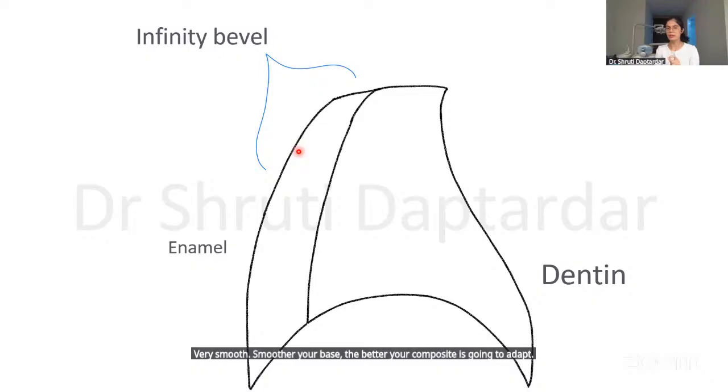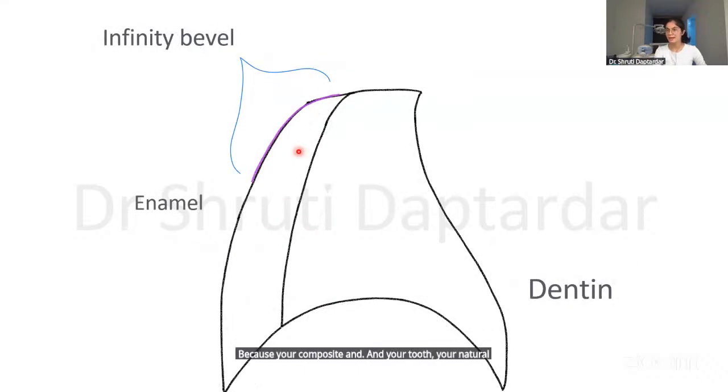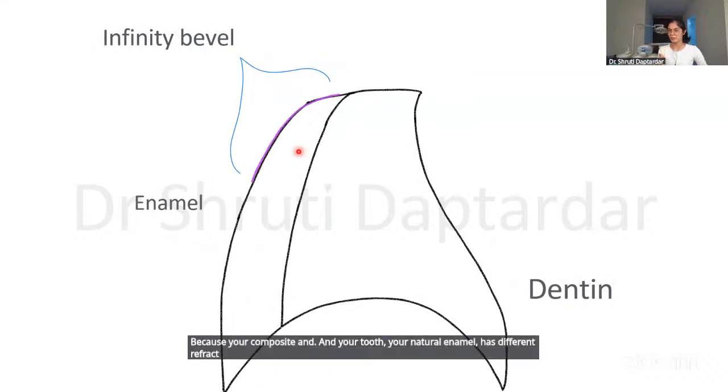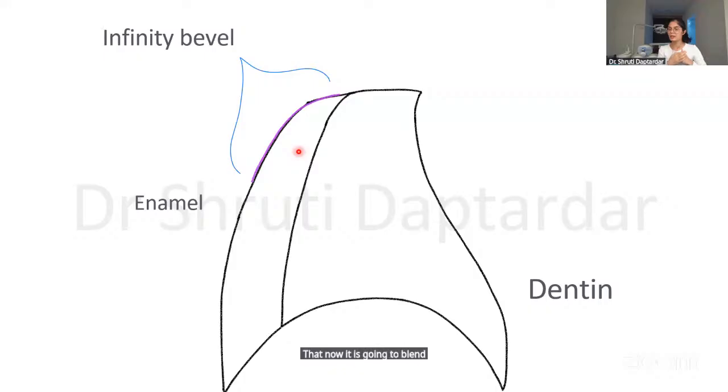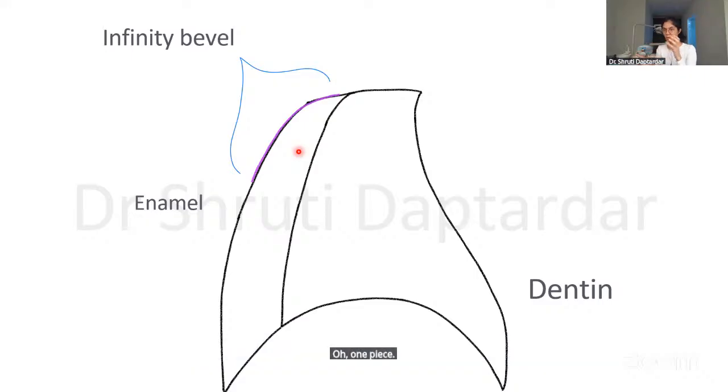The concept is not that you have to make it rough for the composite; you have to smoothen it. The roughness will show because your composite and your natural enamel have different refractive index. So you need to condition the tooth in a way that now it is going to blend and merge and create that camouflage effect that it is one piece, your monoblock.